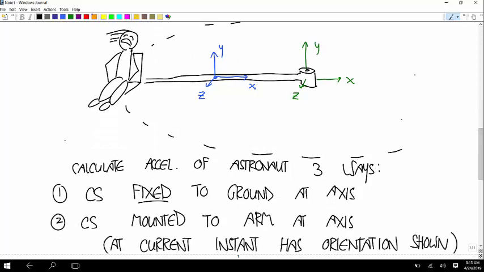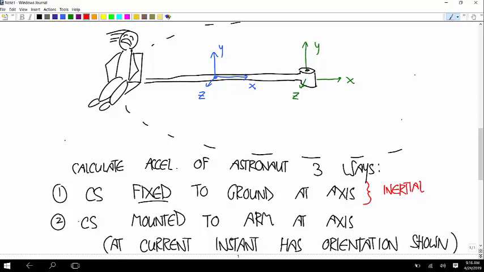So notice that this first one is an inertial coordinate system. The origin isn't moving, isn't accelerating, and the axes aren't changing orientation. So all we have to do is calculate what it sees the astronaut doing, and that's the true acceleration.